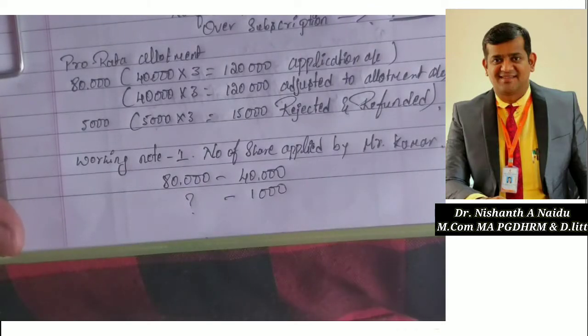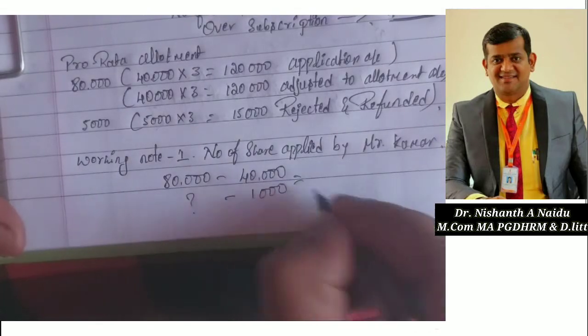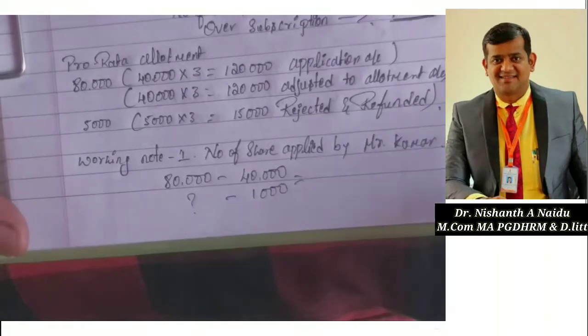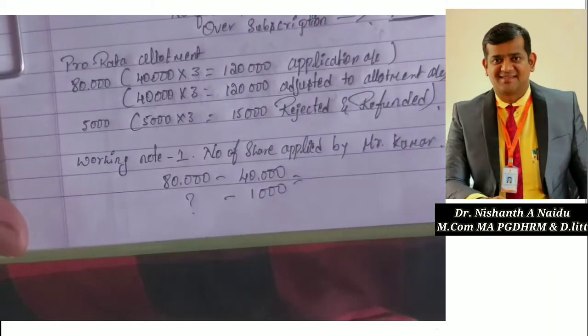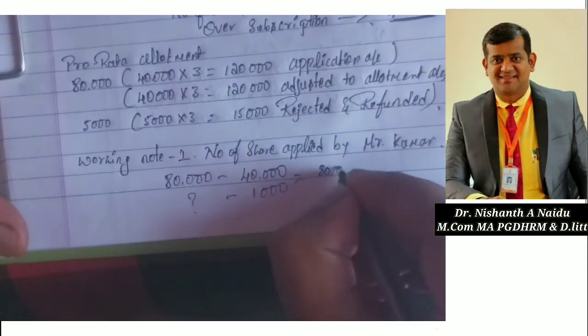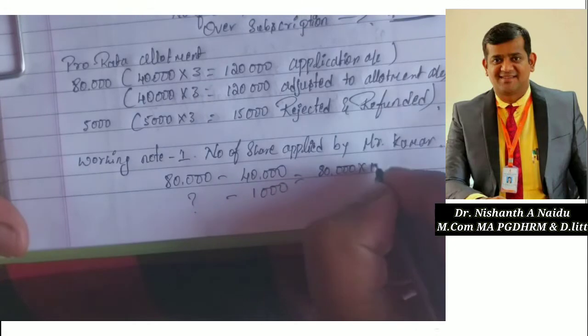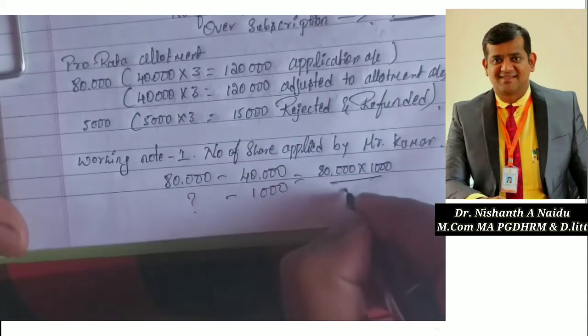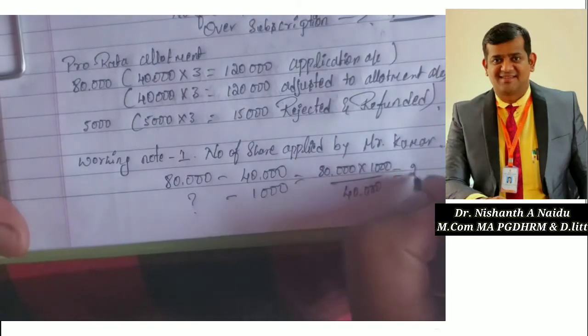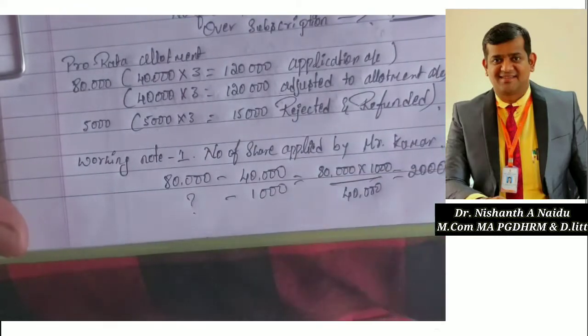Do the cross multiplication: 80,000 into 1000 divided by 40,000. You have understood, right? If you do that, you are going to get an answer of 2000.